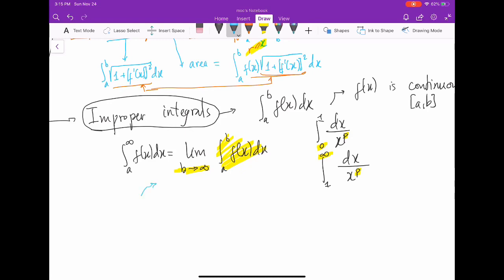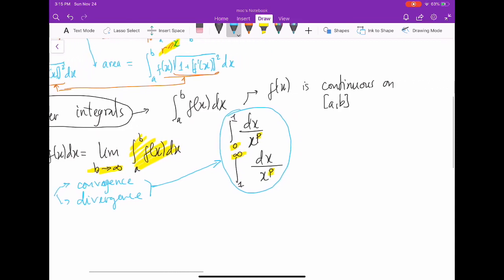So we have to consider convergence or divergence of an improper integral. And these are the two main integrals, right? In this course, we try to reduce any improper integral into one of them.